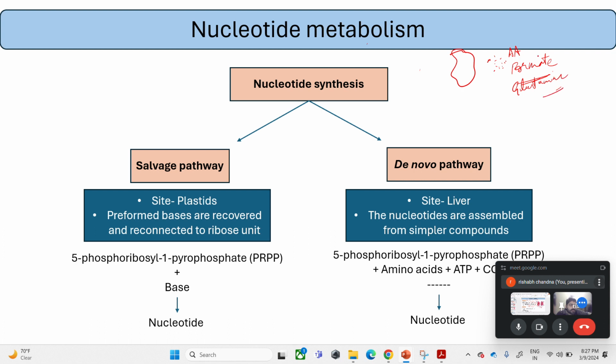These molecules help in the formation of nucleotides from scratch. So this is the de novo pathway.